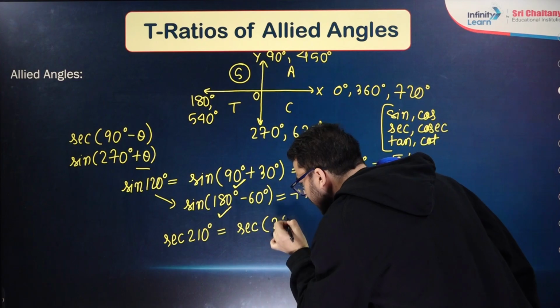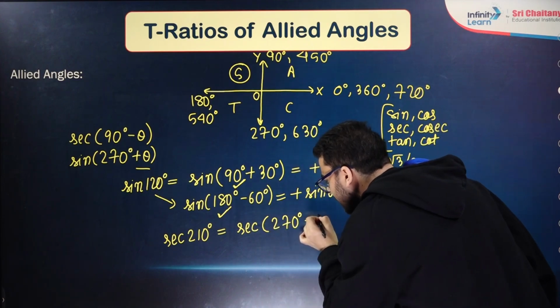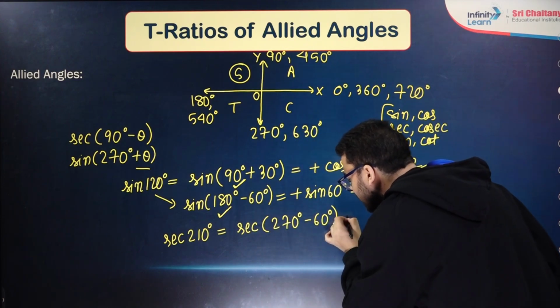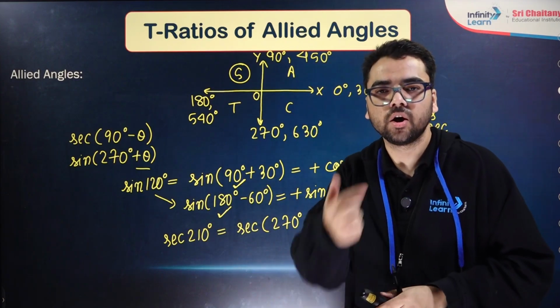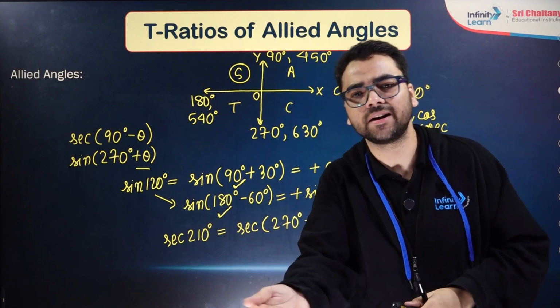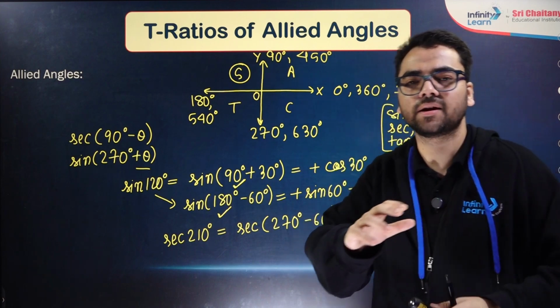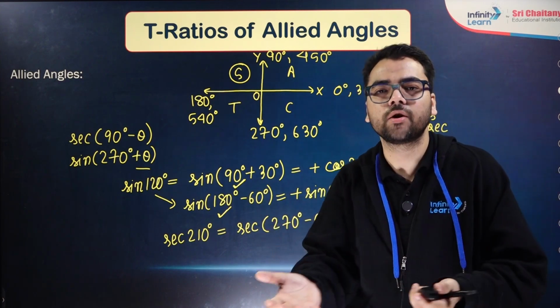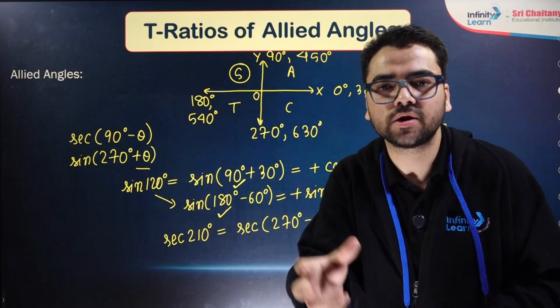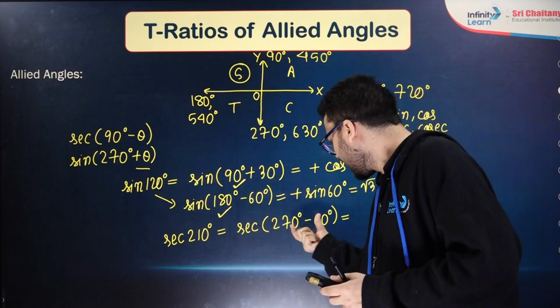One way is to write 270 minus 60, right? I hope that's clear. You can't say, sir, I will write 200 plus 10. You don't know the value of trigonometric ratios of 210. It's not that there is a method to find the trigonometric ratios for any angle. You won't be able to do that. You can only do that for standard angles, right? So you can write it like this.